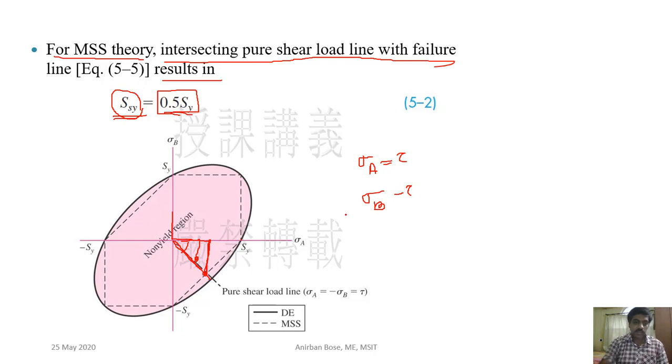Similarly, for the distortion energy theory, you have to extend the line to this ellipse, and if you get this value, you will find 0.577 Sy. Or you can derive it algebraically by putting sigma A and sigma B as tau and minus tau in the expression of von Mises stress.